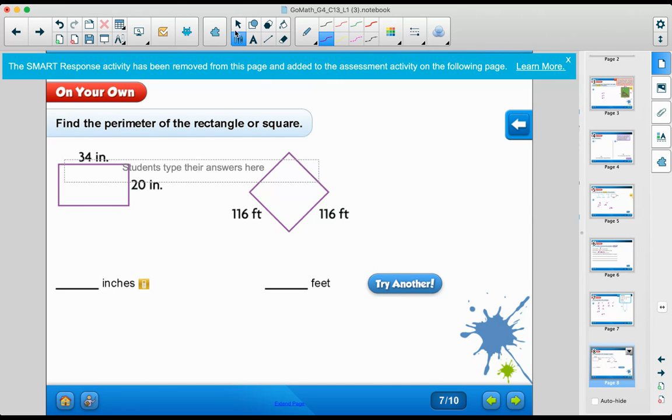Okay, the last problem is find the perimeter of the rectangle or the square. Let's start with the rectangle.